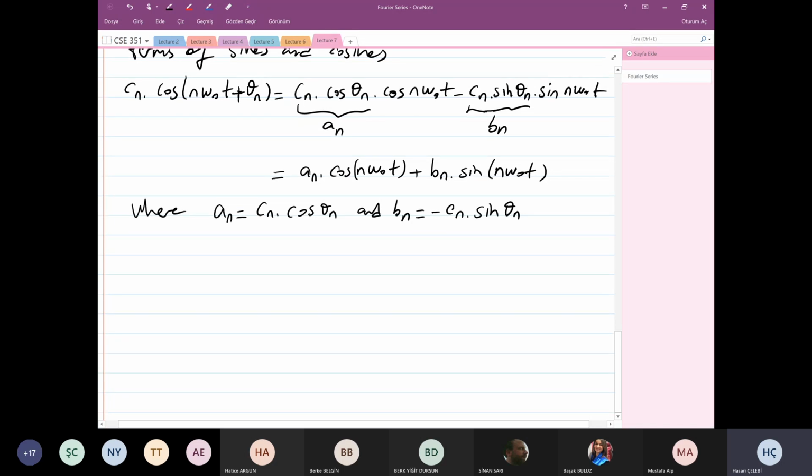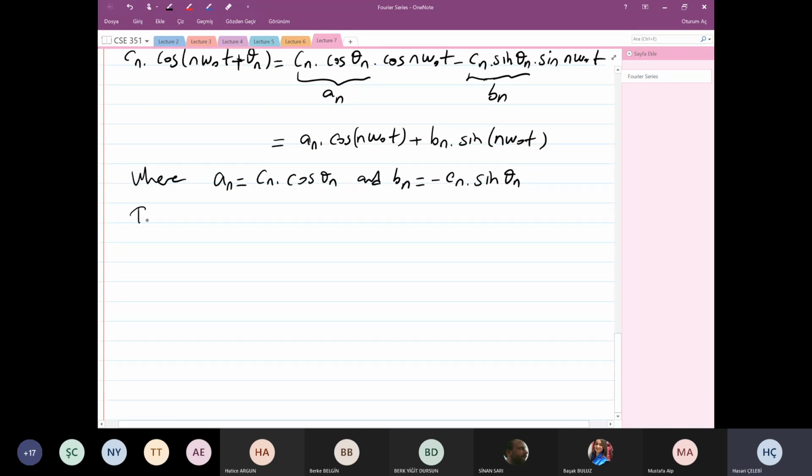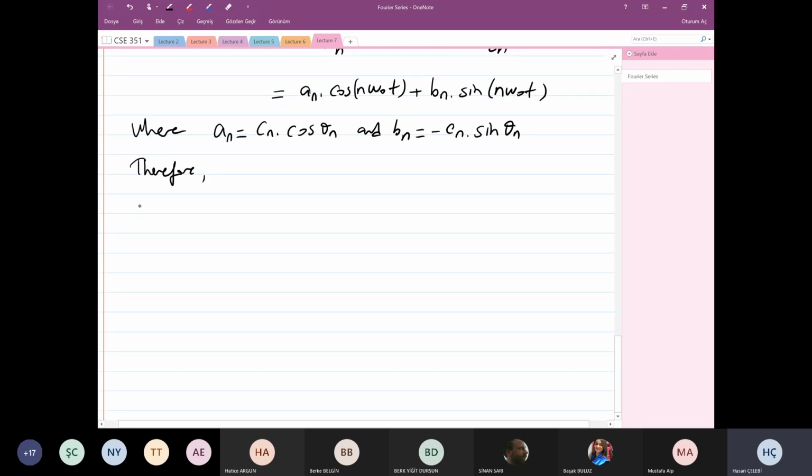So to summarize, as a result, you can write any periodic signal f of t in terms of the trigonometric Fourier series, which is given as follows: a0 plus the sum from n equals 1 to infinity of an times cosine n omega 0 t plus bn times sine n omega 0 t.